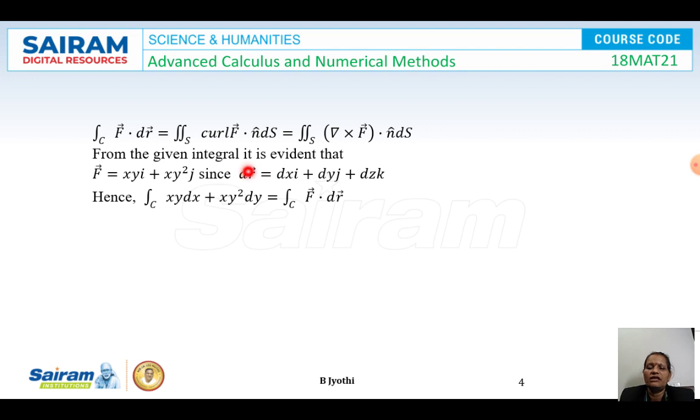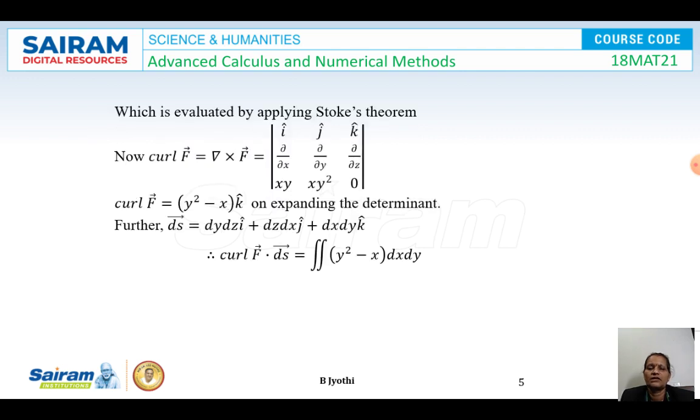From the given integral, it is evident that f is given by xy i plus xy square j, since dr is dx i plus dy j plus dz k. Hence, by taking the dot product of f and dr, we get xy dx plus xy square dy, and the dz will not be there because the k term is not there. That is equal to f dot dr, which is evaluated by applying the Stokes theorem.